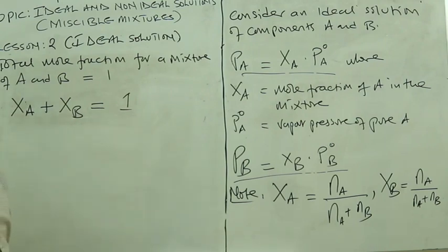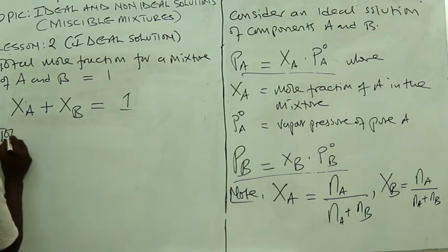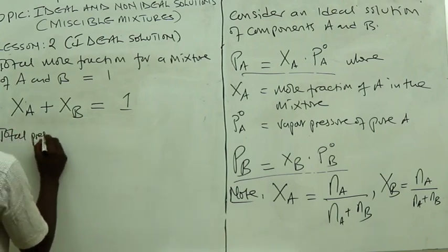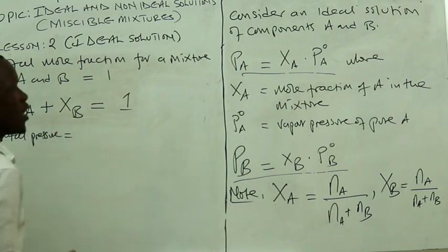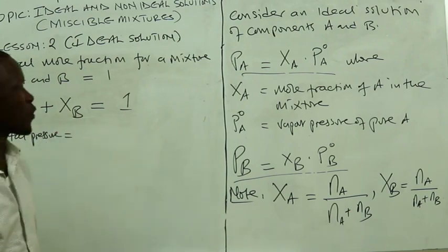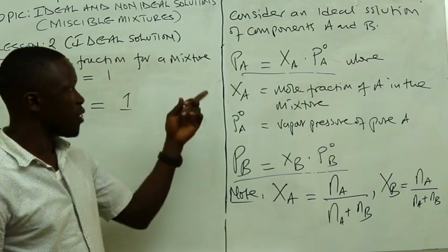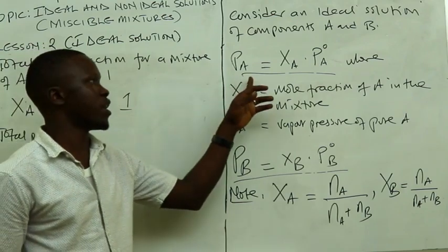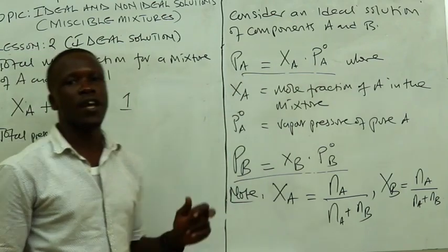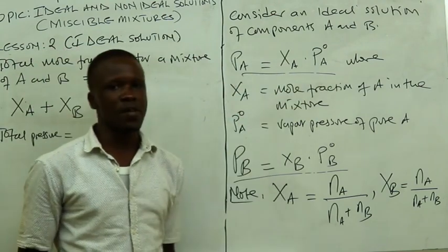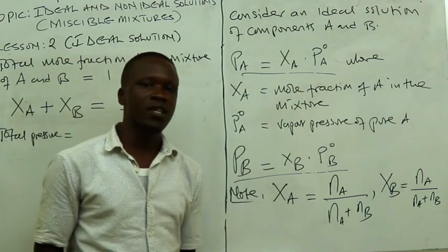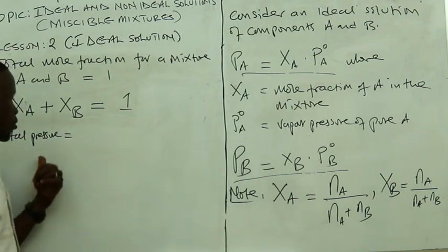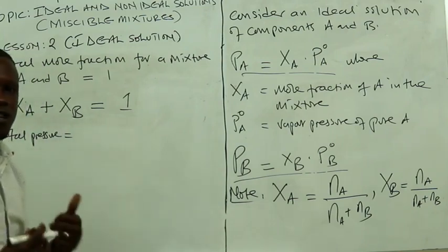The other thing that we also need to know is about total pressure. Remember our formula, which is from Raoult's law: partial pressure of A is equal to mole fraction of A times P naught of A. But then, what we are interested in is total pressure. Total pressure is the sum of the partial pressures.